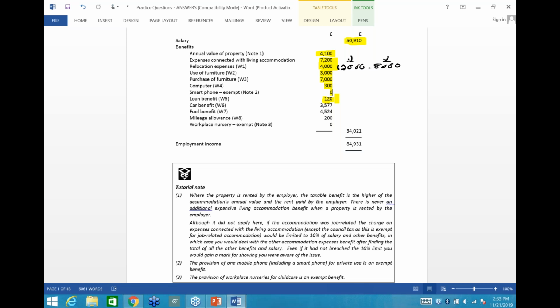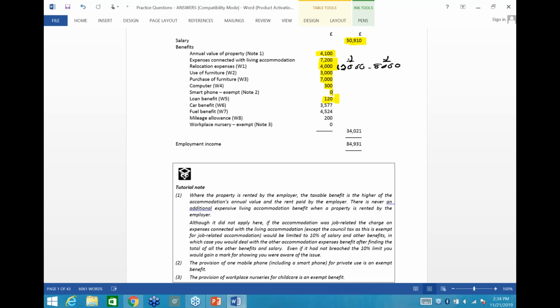So these dates are important because at the end of the day, you need to calculate the benefit only for the time period that you have enjoyed the benefit. So if you have not enjoyed the benefit throughout the tax year, you must be cautious to time apportion the benefit.